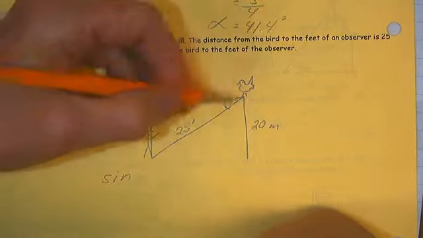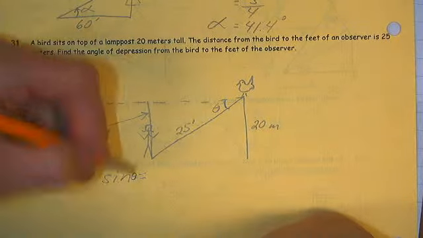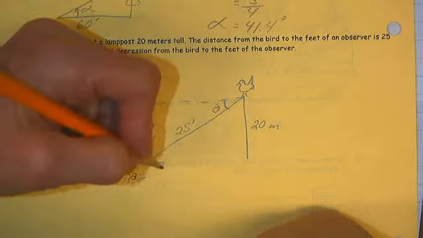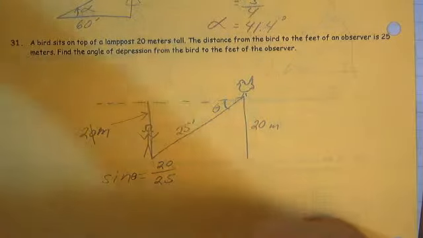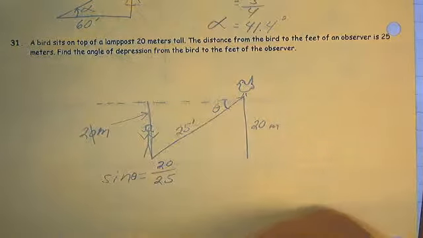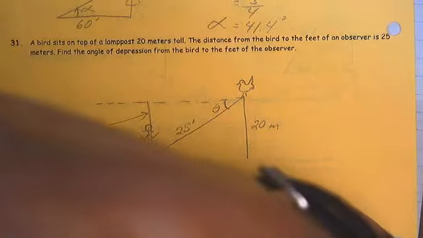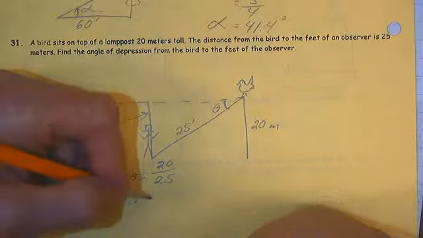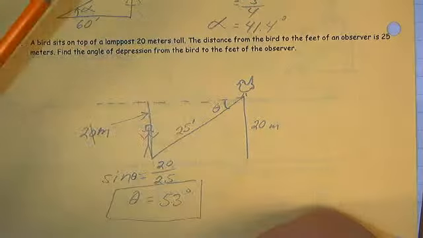The sine of my angle is equal to 20 over 25, which I think is 0.8, but I'll just double check. I'm tired. It is 0.8. What angle has a sine of 0.8? 53 degrees.